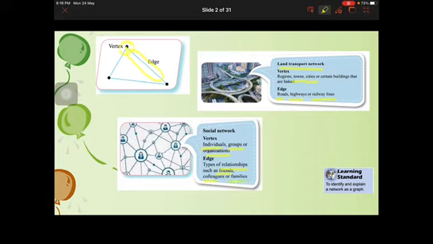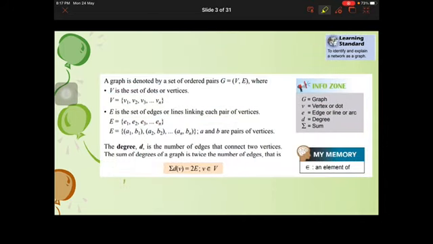So network is actually a part of graph that represents some links, or sometimes there are no links to each other. Now, what is the definition of a network?